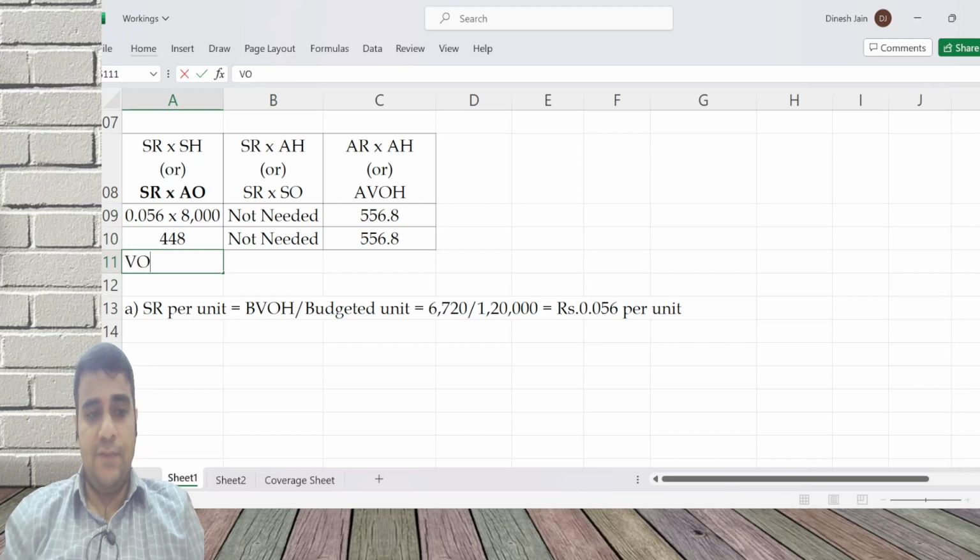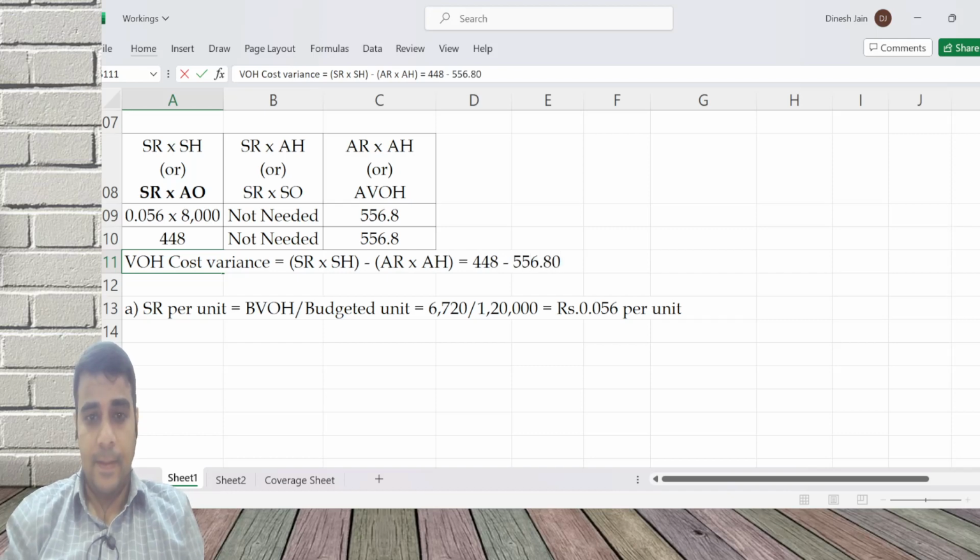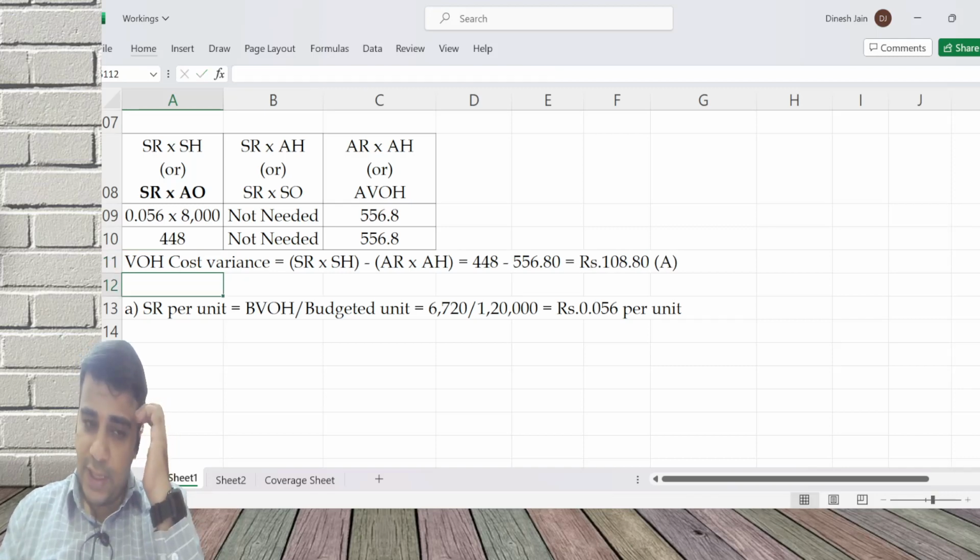The only thing we want is VOH cost variance, which is equal to SR into SH minus AR into AH. That is 108.8 adverse.